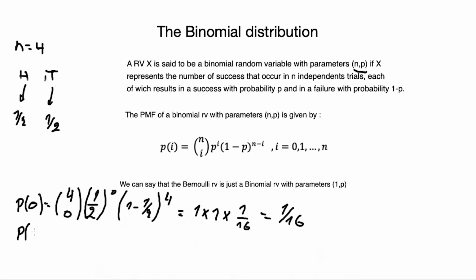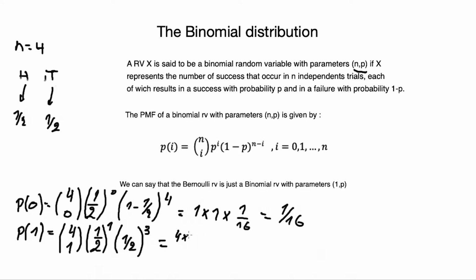The probability of getting 1 is equal to 4 chosen 1 times 1/2 power 1 times 1 minus 1/2, which is 1/2, power 4 minus 1 which is 3. 4 chosen 1 is 4 times 3 times 2 times 1 over 1 times n minus 1, which is 3, times 2.